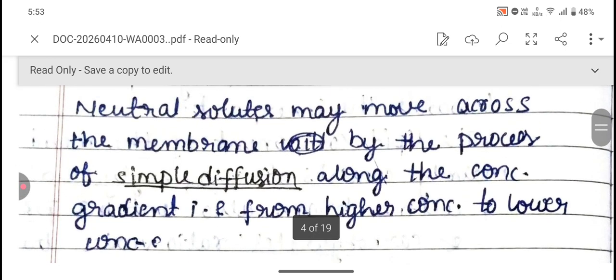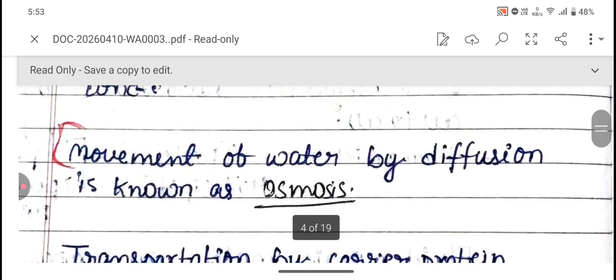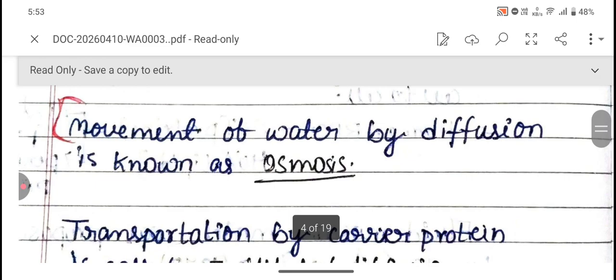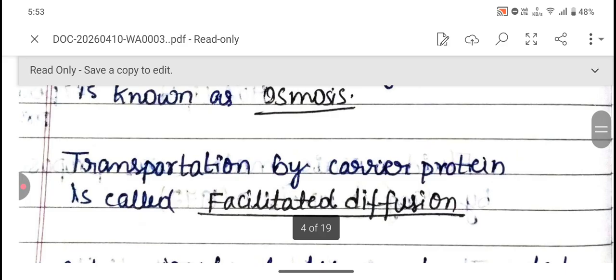Simple diffusion takes place effortlessly. It is simply the movement of molecules from higher concentration to lower concentration, and it depends upon the concentration gradient. The movement of water by diffusion is known as osmosis, and there are some substances which need to be carried by proteins in the cell membrane.